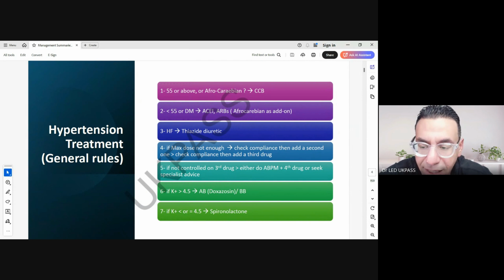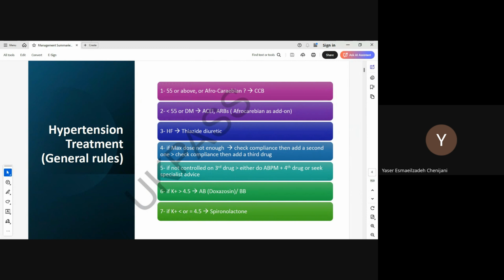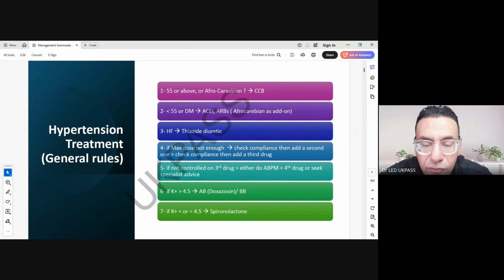Remember, when did we mention ambulatory blood pressure monitoring early on? We just came across that a few minutes ago. At the beginning, whenever we are diagnosing hypertension, we need to start by doing ABPM, ambulatory blood pressure monitoring, or home blood pressure monitoring.